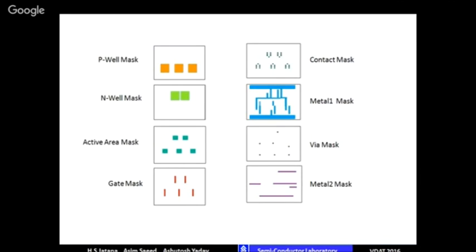So this is in a typical simplified CMOS process. It's a single well process. There will be some color like this for a P well, green for N well, and first we have to define the wells. In the wells we have to define the active area and field area. This is a mask. If it's a positive mask, wherever this square polygon is coming, the P well will be formed.